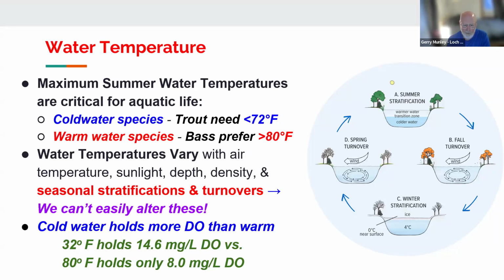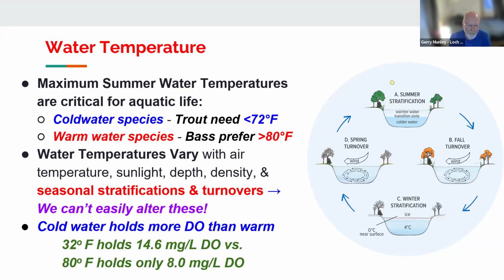Water temperature is also affected by so many things, from sunlight and depth to air temperature, of course. But there are the stratifications and turnovers that occur especially in deeper lakes: stratification in the summer and the winter, and turnover in the spring and fall. One of the graphs I'm going to show you later already shows the stratification starting earlier this month.